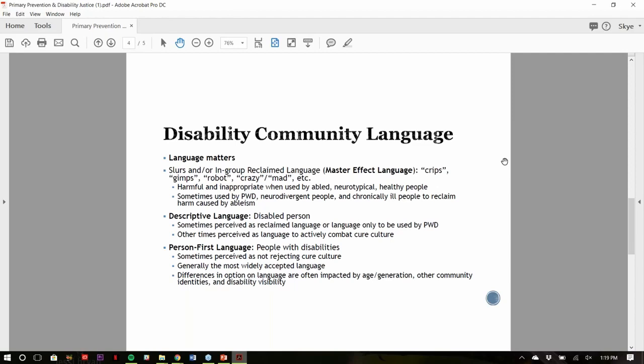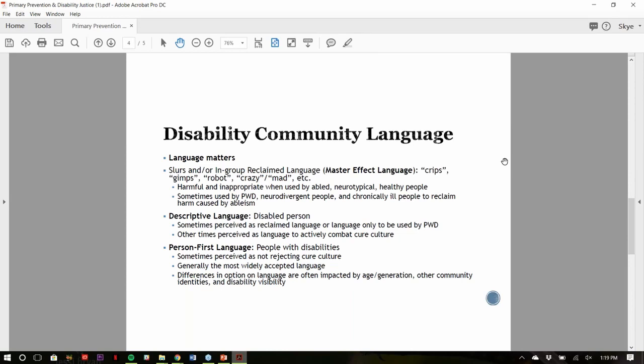I'm sorry, I totally cannot remember who I learned this from, but the idea is that when people are referred to with these words like crips, gimps, robot, or crazy, these are slurs, especially when they're used by able, neurotypical, or healthy people against people who are disabled, neurodivergent, or chronically ill.